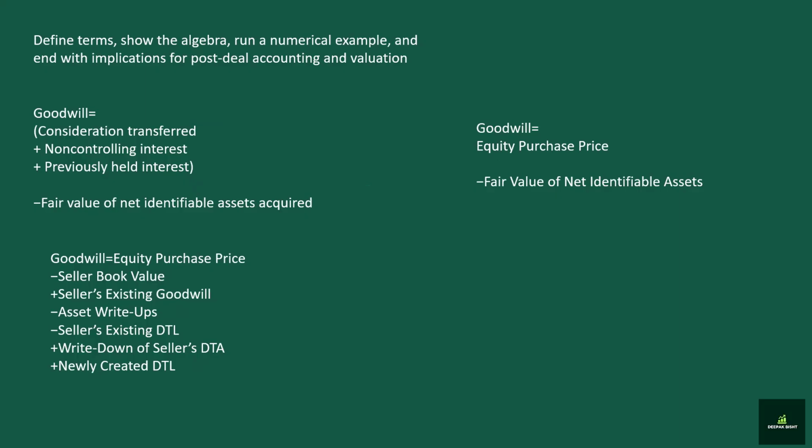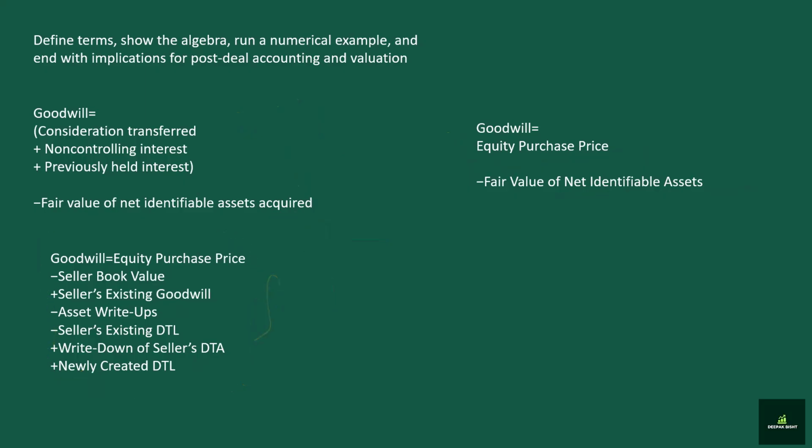In simple 100% equity purchases with no previously held interest, this would simply break down into the equity purchase price and the fair market value of the net identifiable assets. And the practical formula here is this one, which is used in common practice.